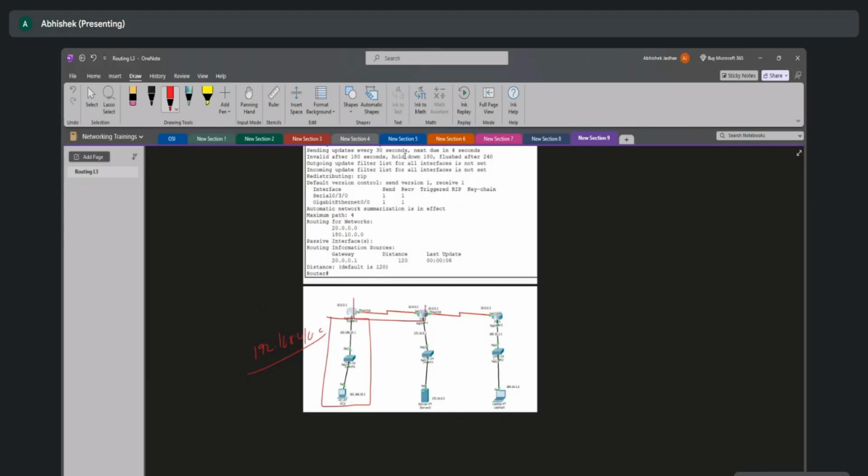This particular subnet is in another network, that is 10.0.0.0. This particular subnet is in another network now, 20.0.0.0. This subnet is in another network, 180.10.1.0. Here we have a class B subnet, that is 172.16.0.0.